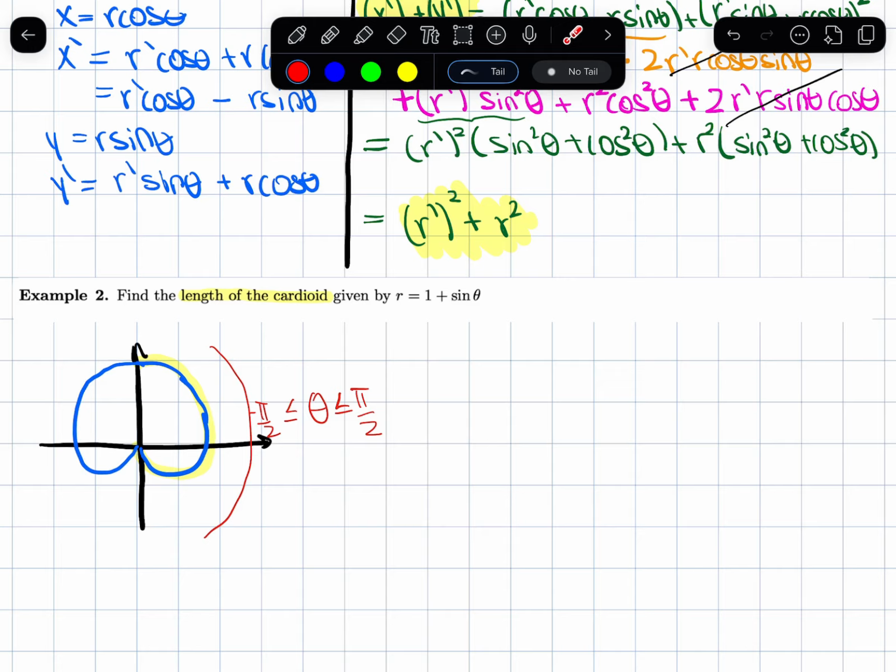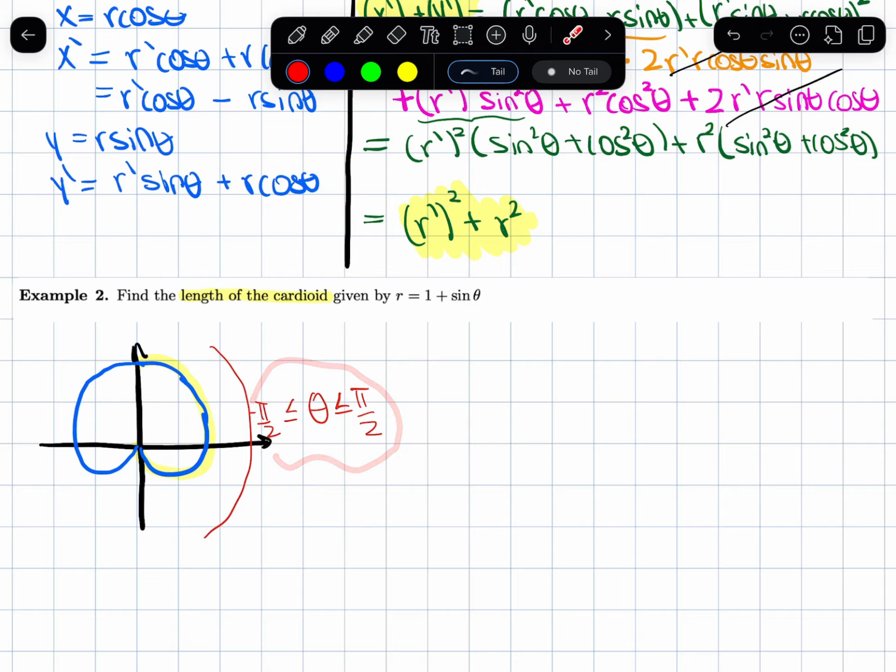This side equals that side because the sine values for these go between negative 1 and 1 at the exact same rates as on this side. And so the signs will be the same, which means the r's will be the same, even though it will be going downward.